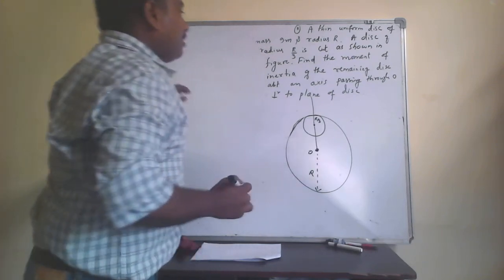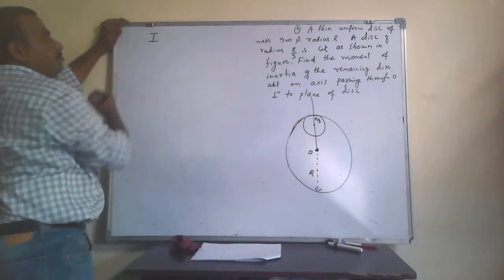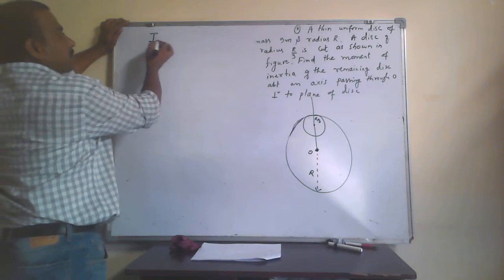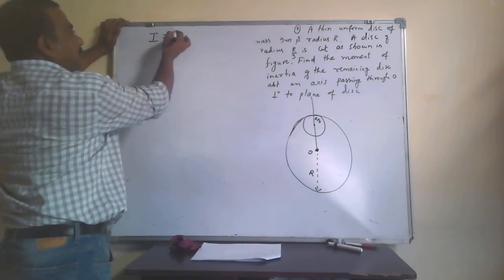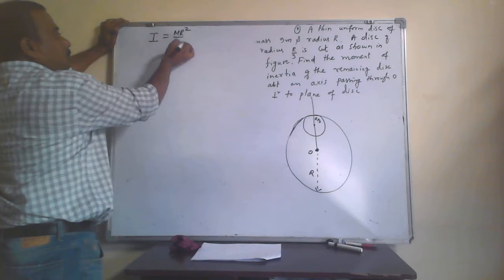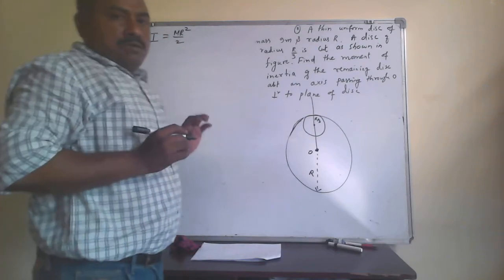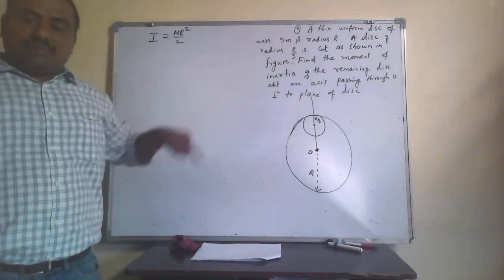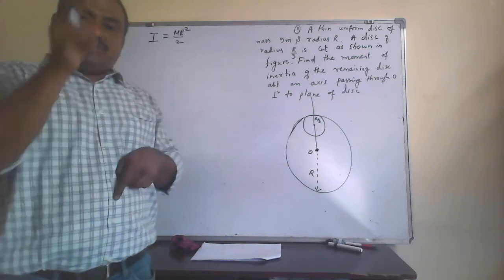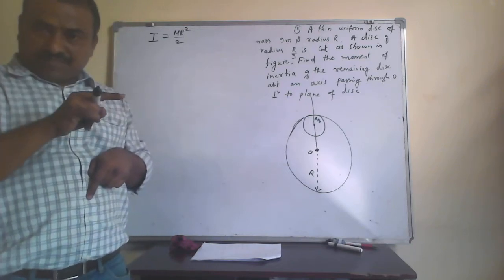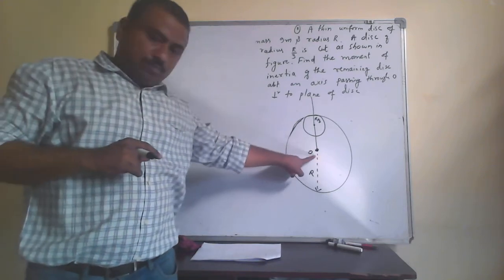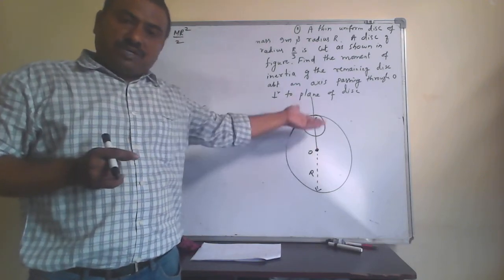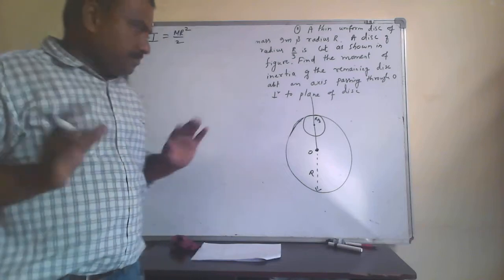Moment of inertia perpendicular to the disk, passing through the center, is always mr square by 2. That we know. But the remaining part is asked. First calculate the moment of inertia of the complete disk, then calculate the moment of inertia of that small portion, both about the center, then subtract one from the other, and you will get the moment of inertia of the remaining part.